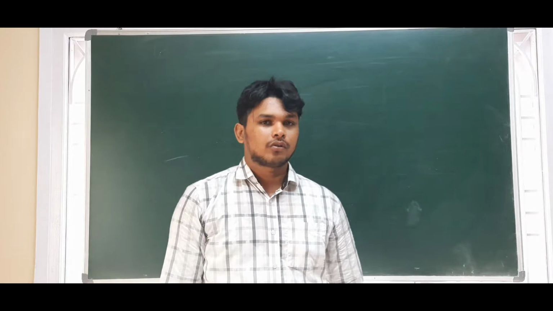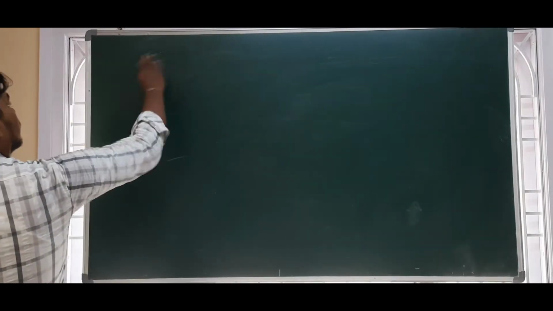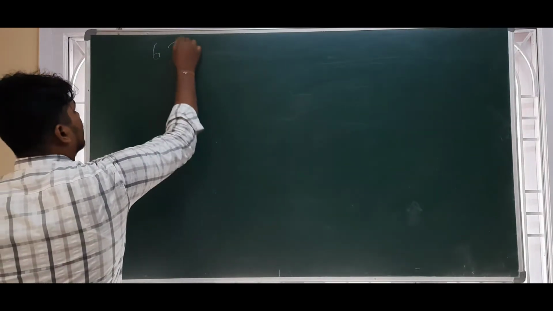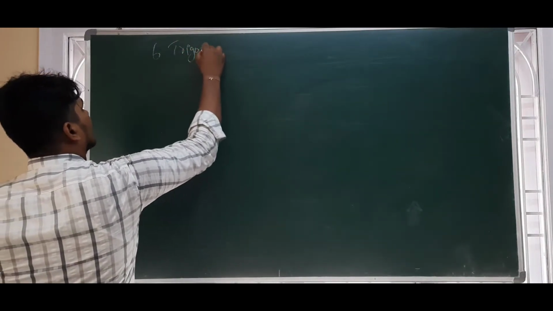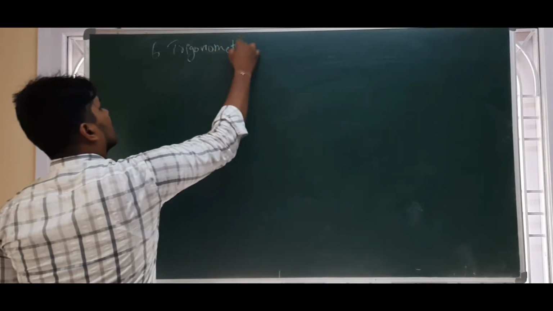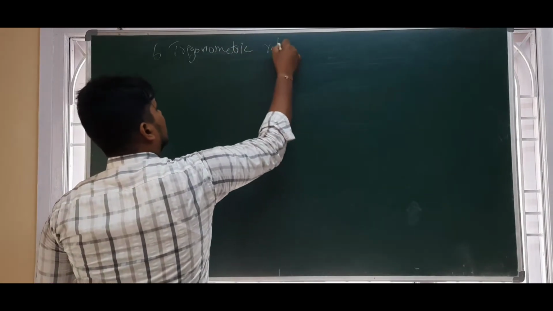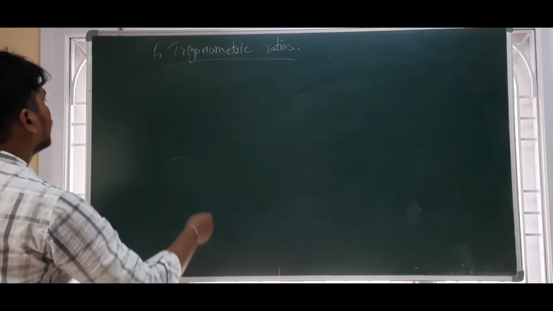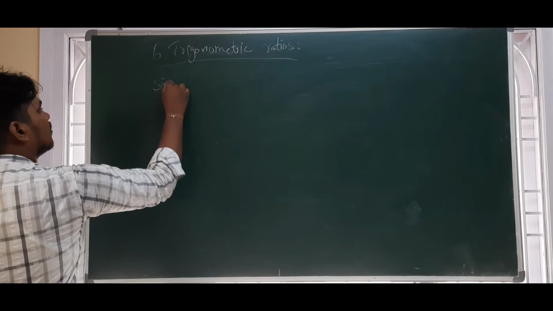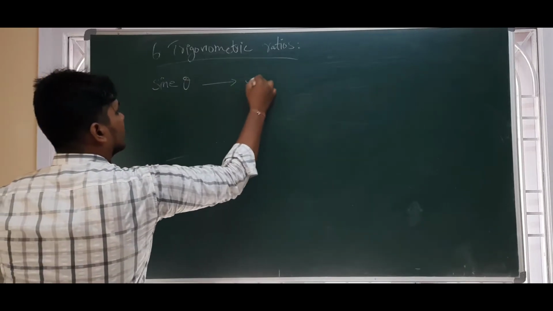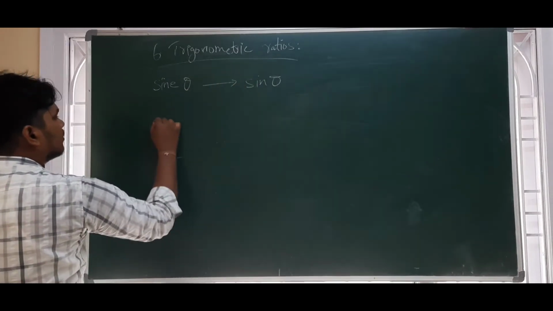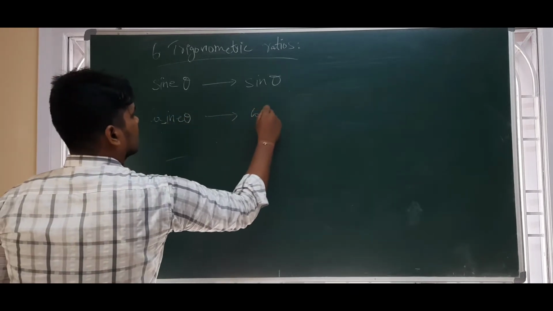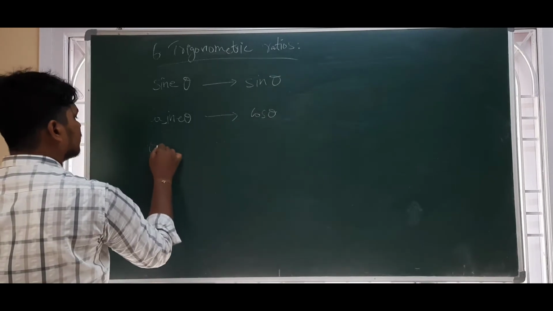Yes. Now moving on to the next part. These are the heart of trigonometry, I can tell. Six trigonometric ratios. What are they? Sin theta, shortly written as sin theta. Cosine theta, shortly written as cos theta.